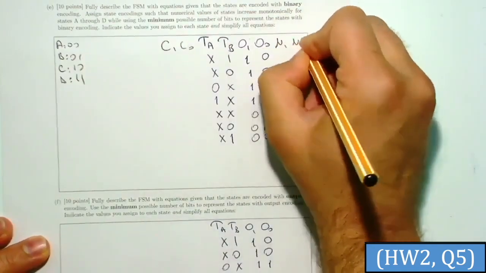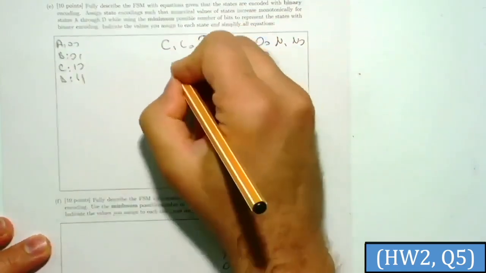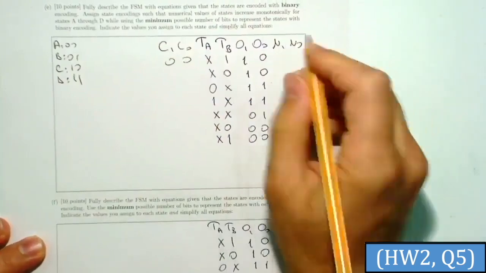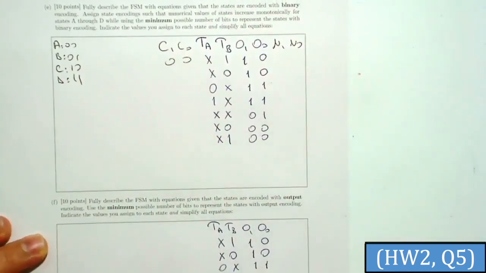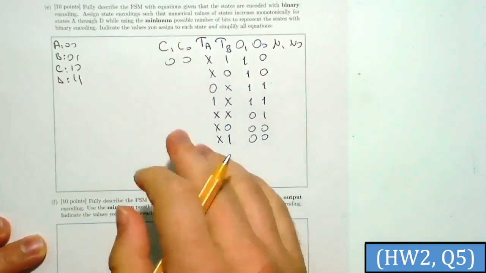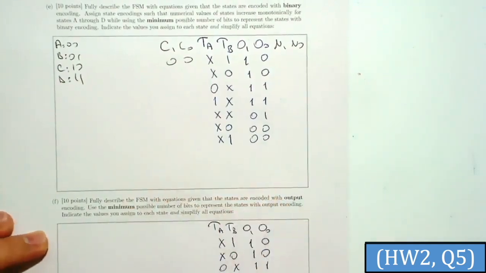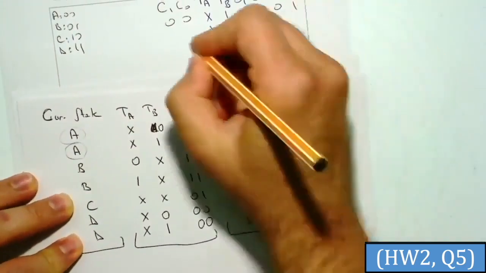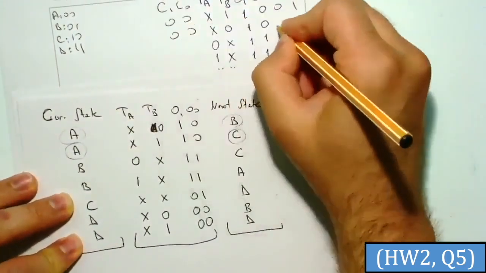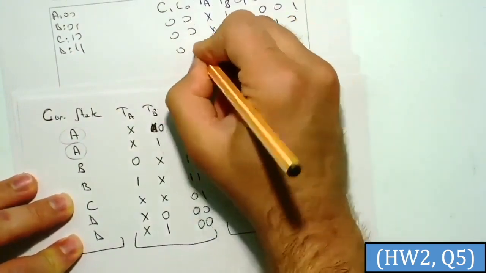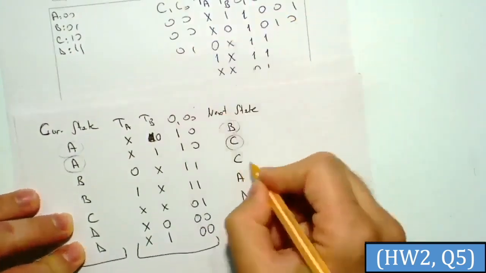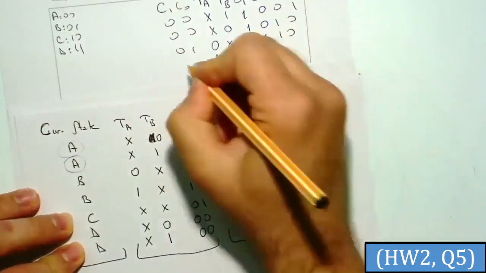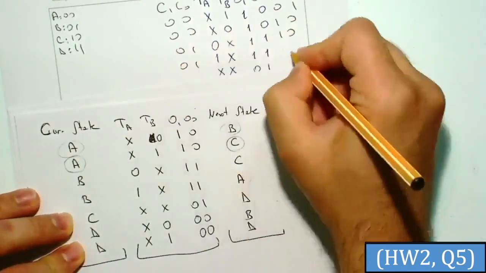So for 0, 0, I have 0, 1, 0, 0. For 0, 1, I have 1, 0, 0, 1.